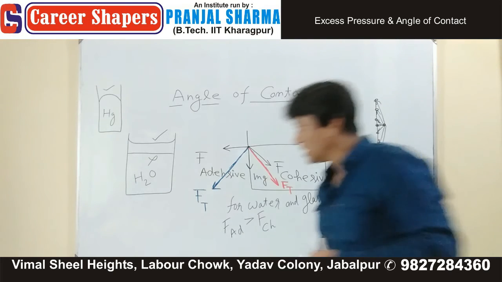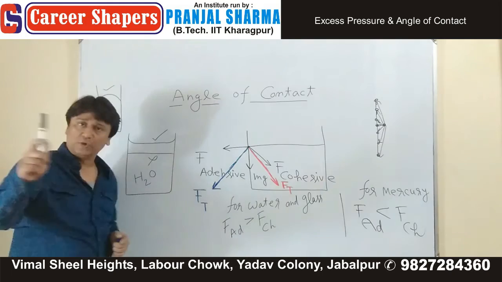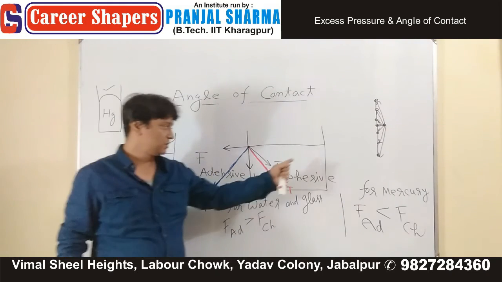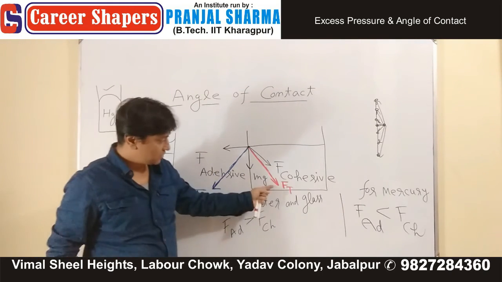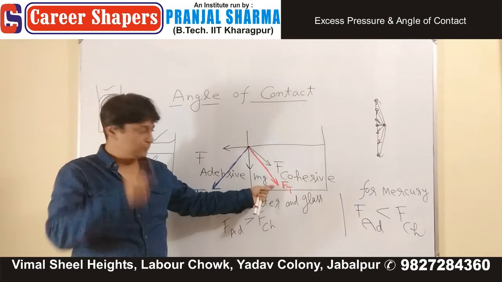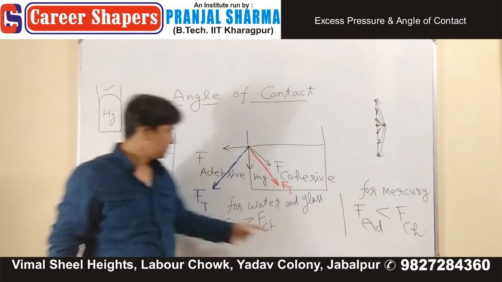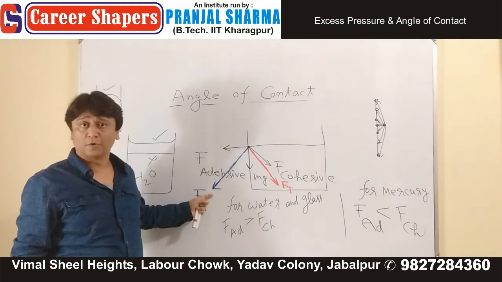Now, the moment I say that liquids cannot withstand tangential forces, this is the force which is for mercury, and this is the force which is for water.